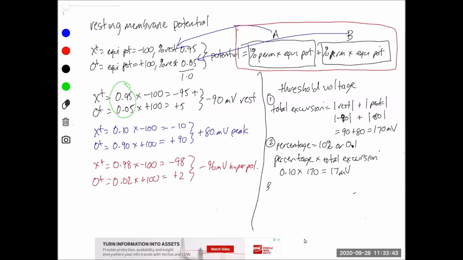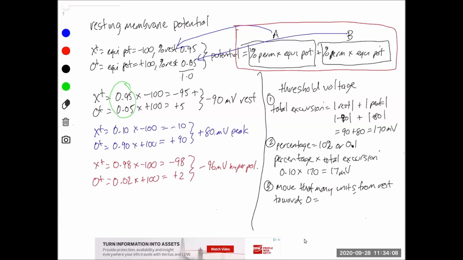So number 3 is move that many units from rest towards 0. So if you were starting at a negative voltage, you would go in the positive direction.